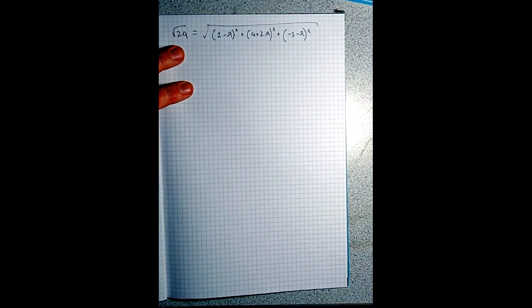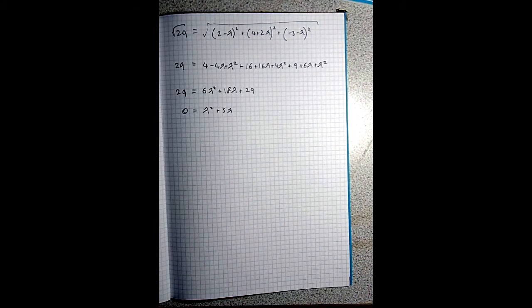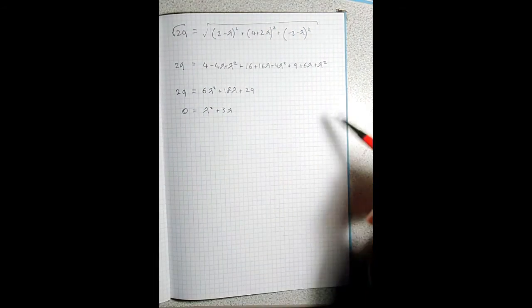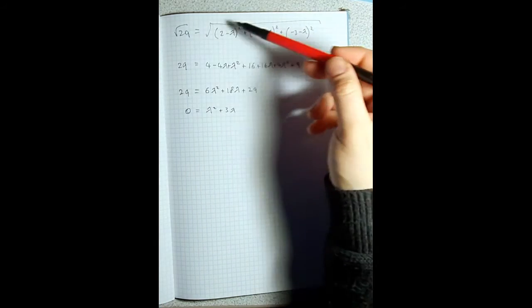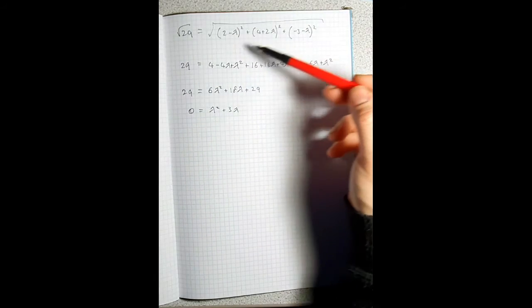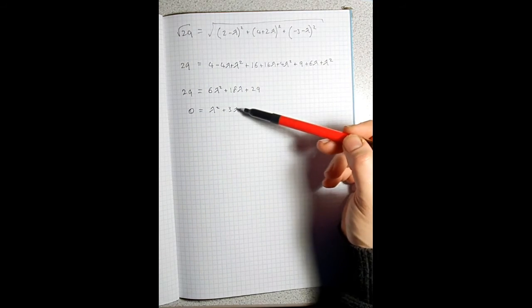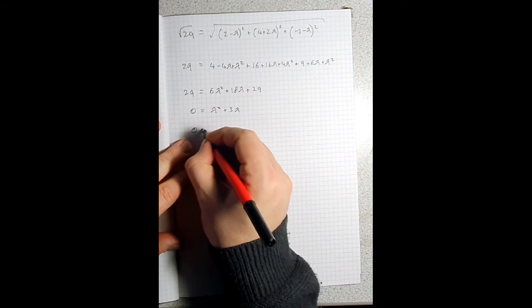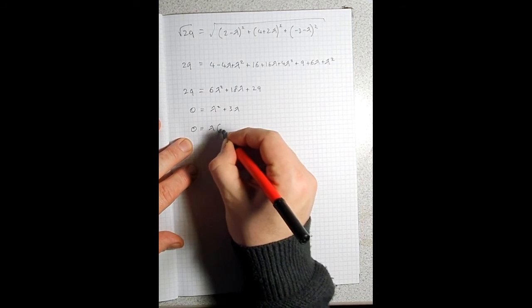I'll simplify this. I'll use magic to speed it up. There you go, magic. Expanded, squared both sides, simplified. I'm going to solve.